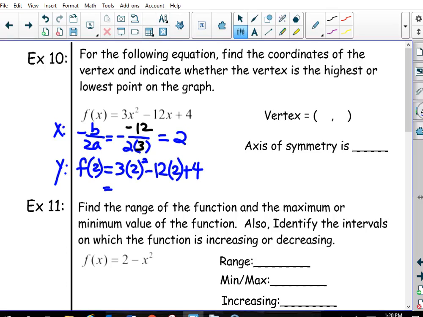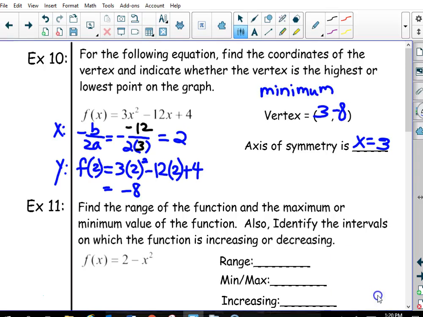All right, 2 squared is 4 times 3 is 12, minus 24. That gives me a -12 plus 4. It looks like that's a -8. Axis of symmetry, x equals 3 again. And this is opening up the same, so it is a minimum. So a is positive. This parabola opens up.